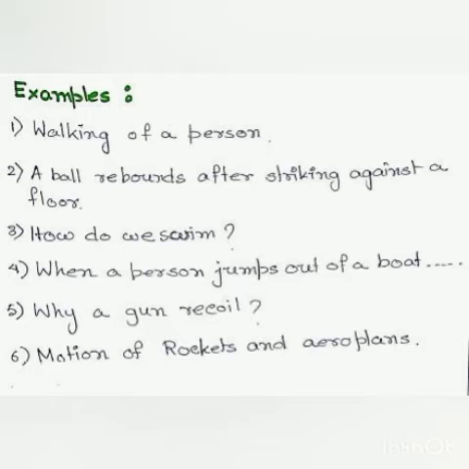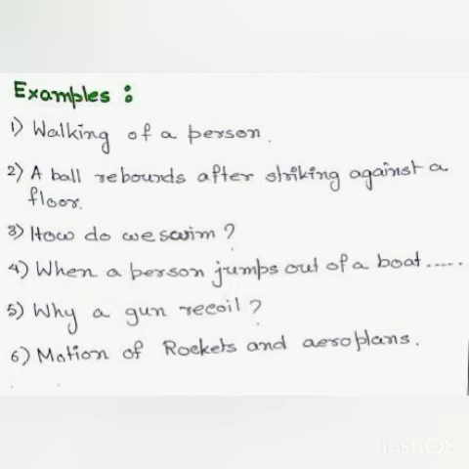Now just think, what is the explanation of the motion of rockets and jet aeroplanes? This also we can explain with the help of Newton's third law of motion. Now see, the rocket or jet aeroplane's engine expels hot gases, which are produced due to the burning of fuel, with large speed in the backward direction from its rear end.